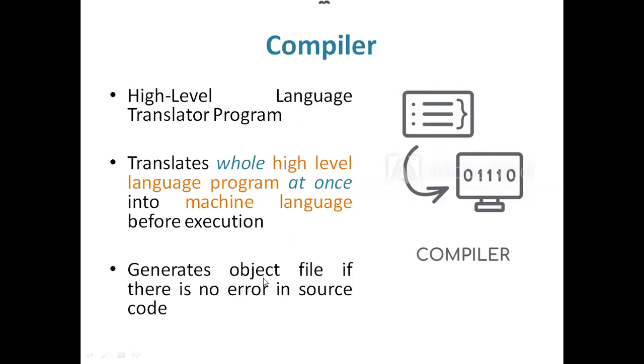The compiler generates the object file, or we can say the object code or machine code, if there is no error in the source code. The source code is the code which you have written using the high-level language, and if there are no errors in it, the compiler will generate the object code by translating it.